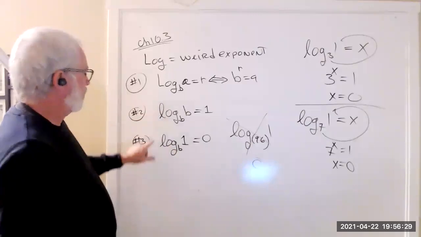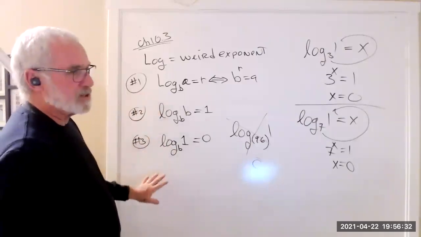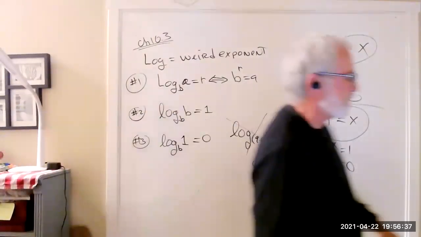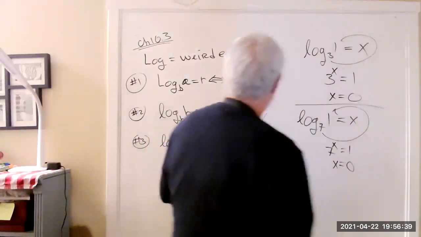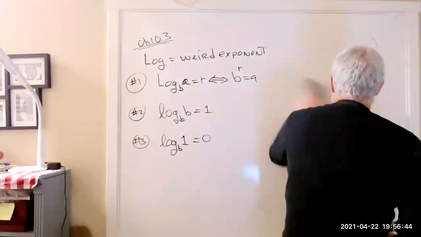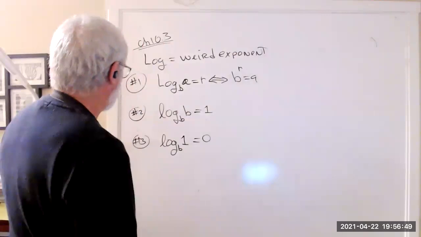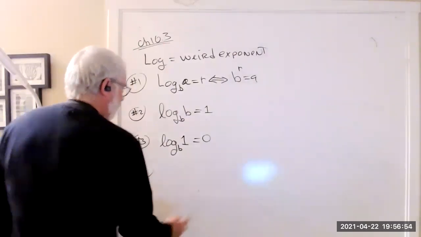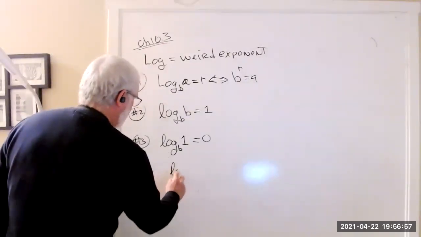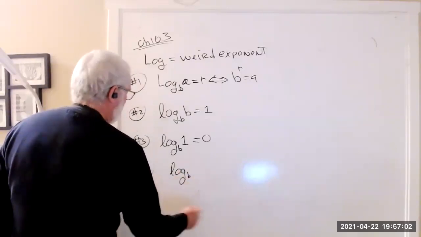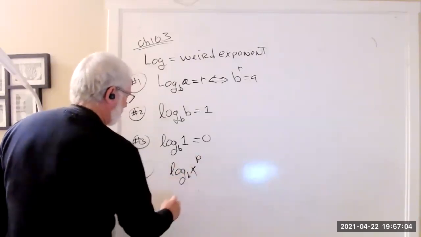So these are our 3. We're going to get one more very basic rule. This rule is a little bit harder to explain. So for tonight, for lack of time, I'm going to use the tried and true, shut up and memorize it. And I'll be able to explain it better on Tuesday. So the fourth basic rule, number 4: suppose you had the logarithm base b of, I don't know, x to a power.